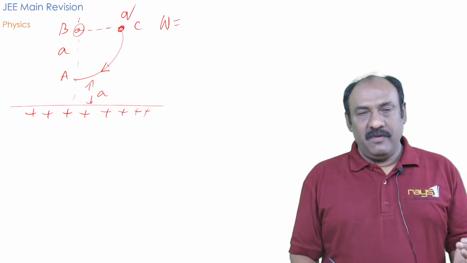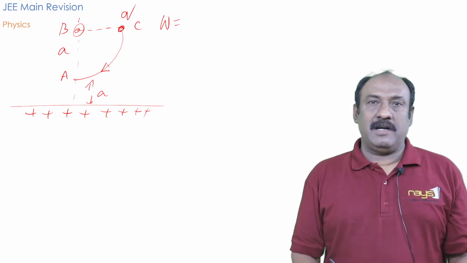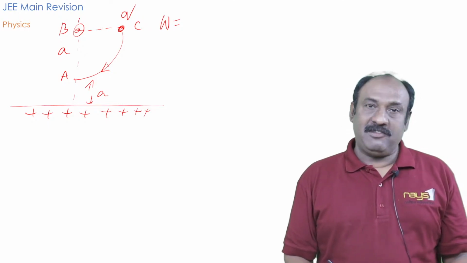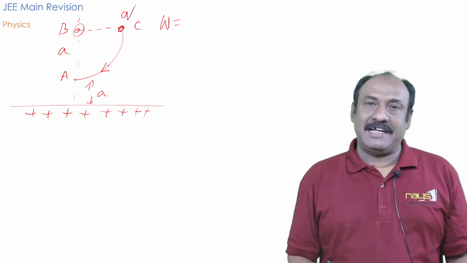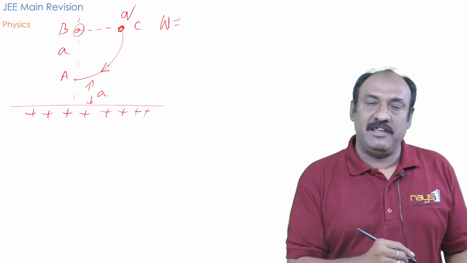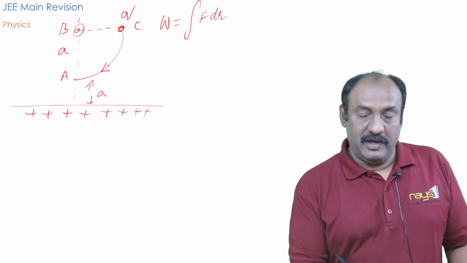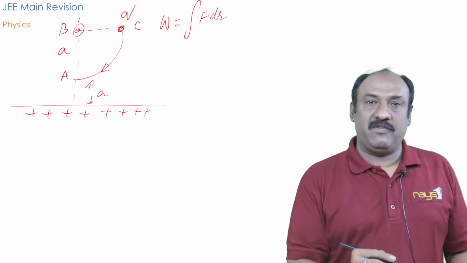Here the electric field intensity increases as the charge moves from B to A. So, due to that, work has to be done against the electric field force. That is a variable force here. Therefore, integral of F dr.